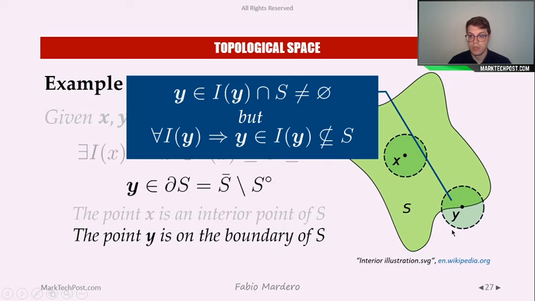And again, since Y is not an interior point, then if we search for whatever neighborhood of Y, we always find that Y stays inside its neighborhood, but it is not a subset of S. So in the first expression we find that Y is an adherent point, but in the second one we express that Y is not an interior point of S. When we get that Y stays here but not here, then it means that Y is on the boundary of S, in the border.